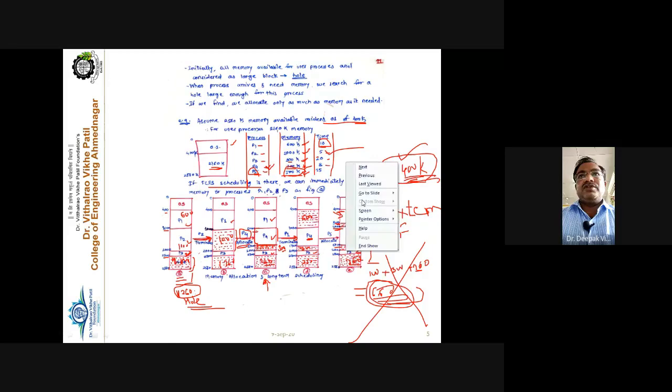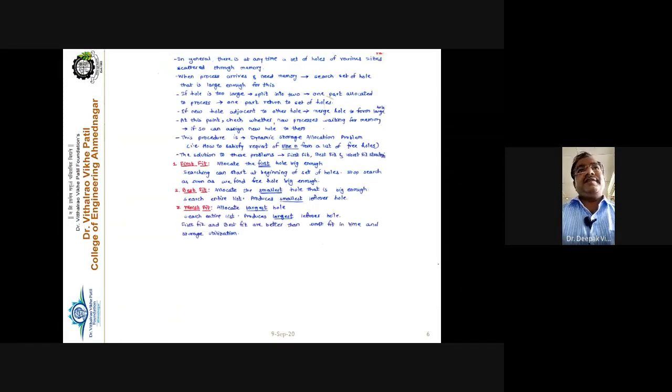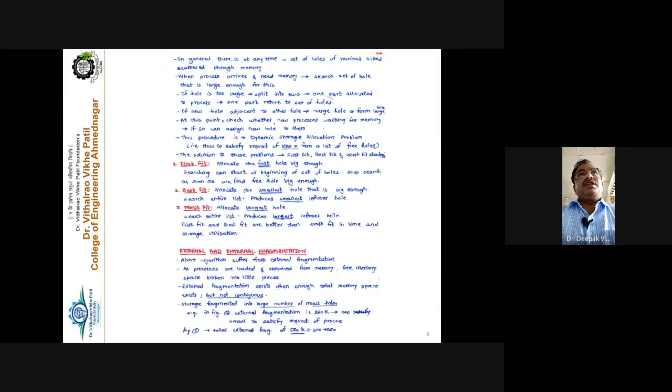Okay. So we'll just go to the next slide. We are discussing multiple partition allocation. So just read it. In general, there is at any time a set of holes of various sizes scattered through the memory. Already we have discussed this. When a process arrives and needs memory, it searches for a hole that is large enough. For example, it requires 400K. So it will search for a free space that fits 400K.